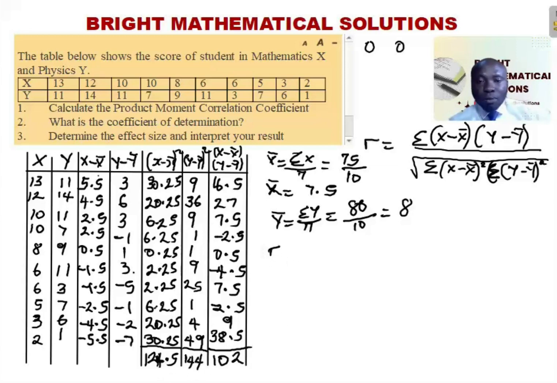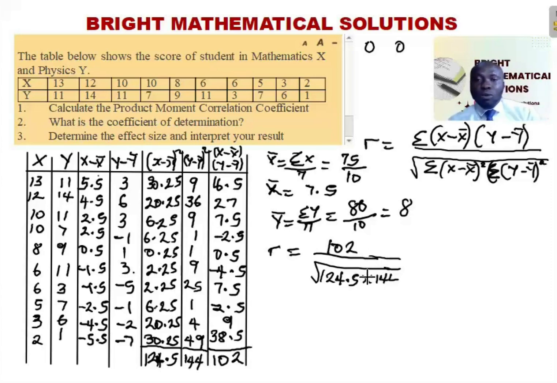So now we are going to substitute this into our formula, then we now solve. So R now equals summation x minus x bar and y minus y bar, which is what we have here, that is 102, all over root of summation x minus x bar square, that is 124.5, multiplied by 144.